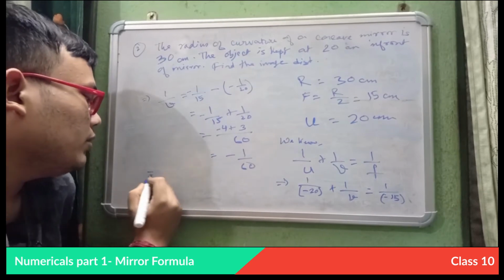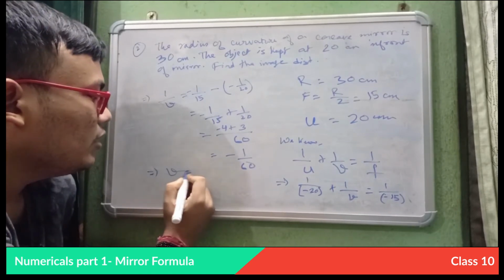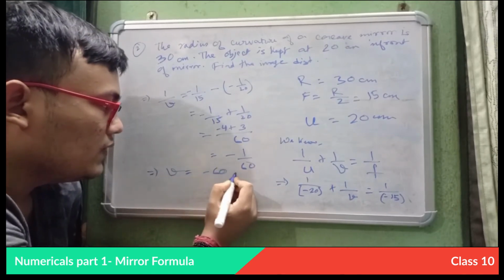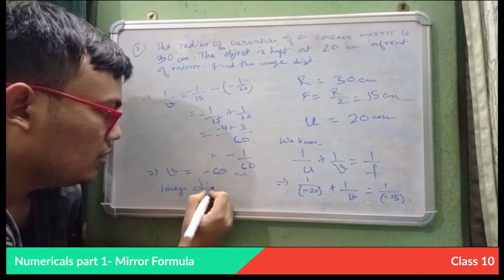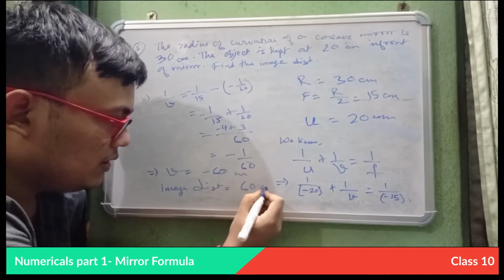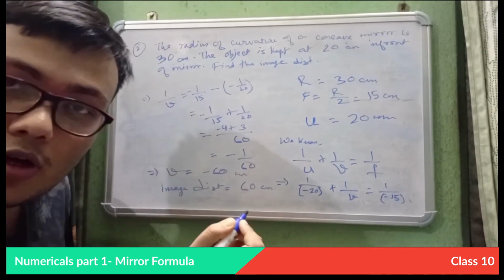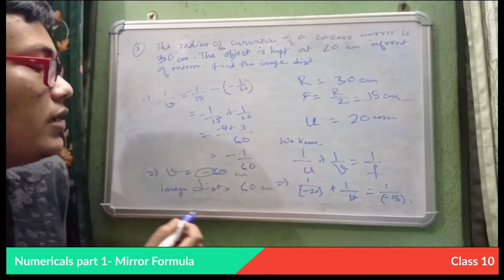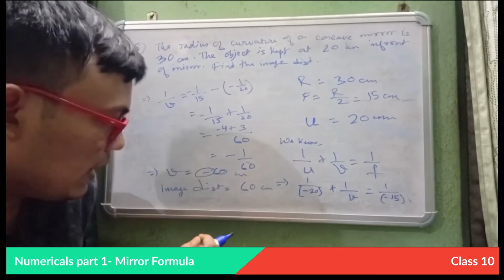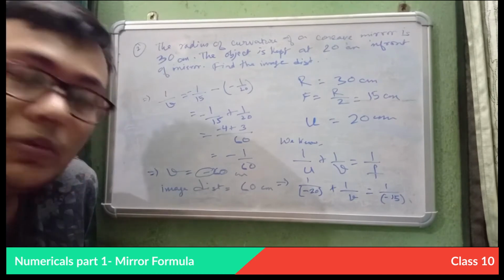So basically it tells us that v becomes minus 60 centimeters, that is, the image distance is 60 centimeters. The image will be formed 60 centimeters in front of the mirror, which we can easily find out from the negative sign, that is, it will be formed on the negative x-axis.